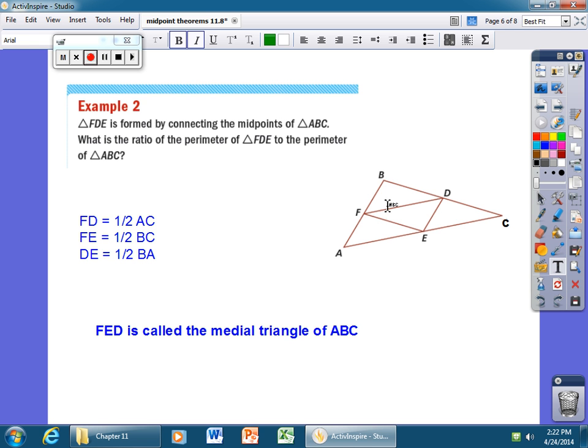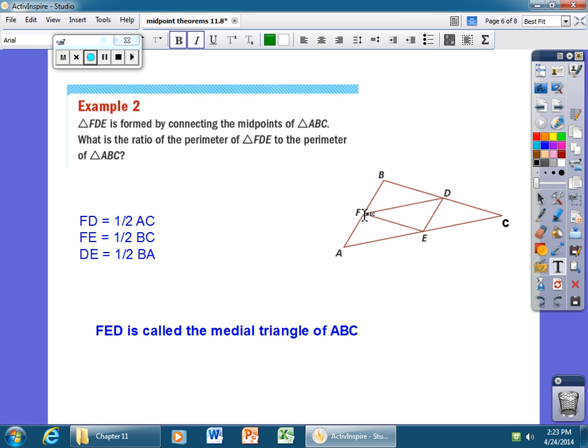So this is called a medial triangle. Now remember that because it's a medial triangle, this is the midsegment. It is parallel to AC, so FD is half of the length of AC.